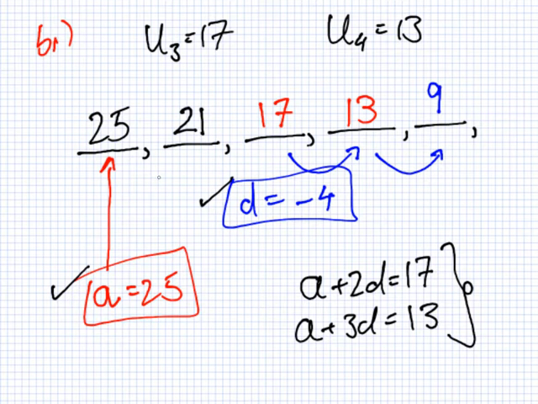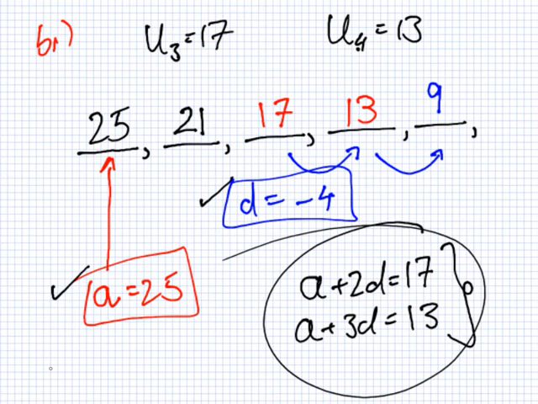But because it was nice that these are neighbours, and not only were they neighbours, but they were small neighbours, it meant I actually didn't really need to do anything. I could just work it out by writing down the first 5 numbers. But for people who did it this way, no problem, that's fine. And in fact, it's probably going to be that way in the exam. This one was actually pretty easy.